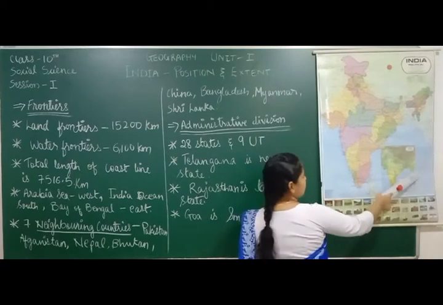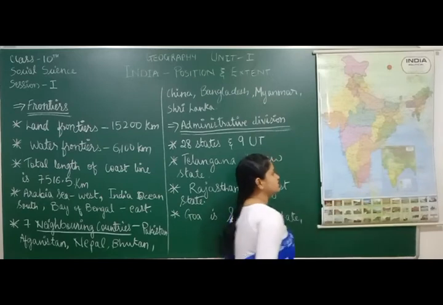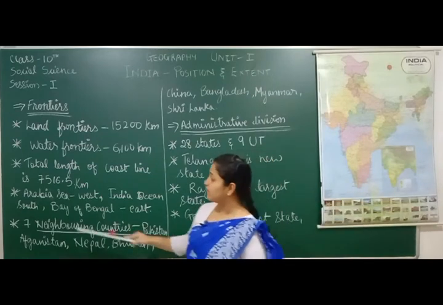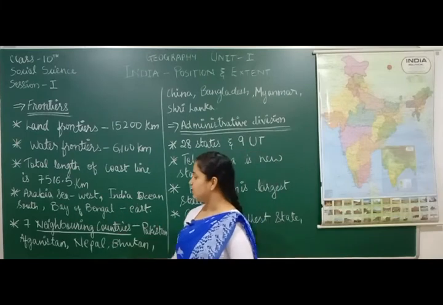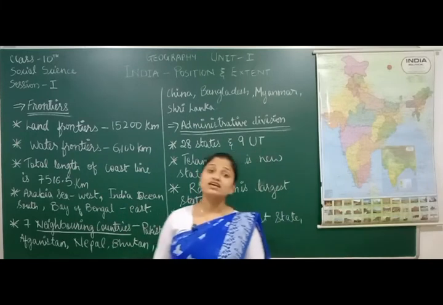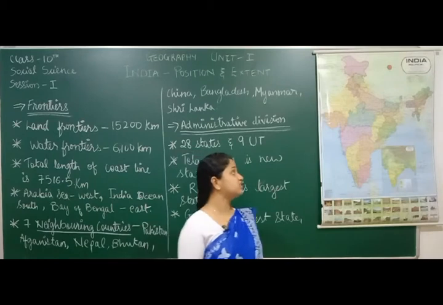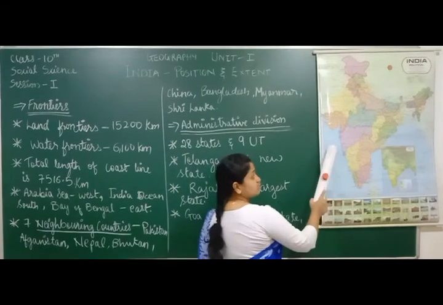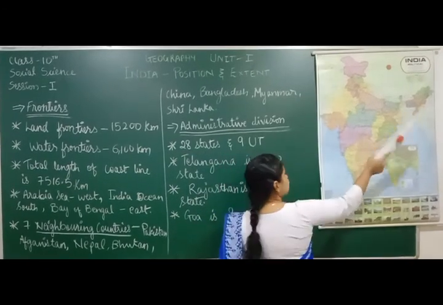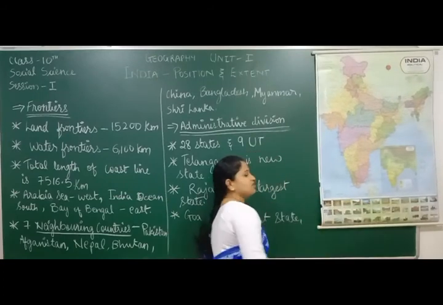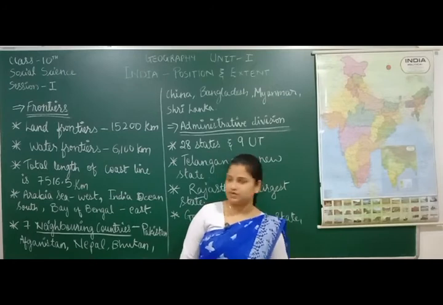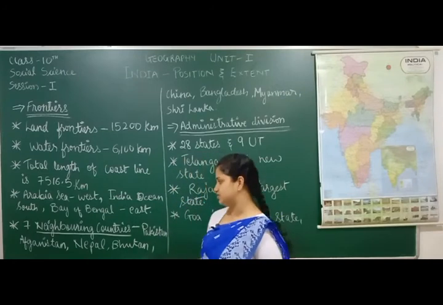Andaman Sea we also have in the southeast. So these are the different seas we have: the Arabian Sea in the west, the Bay of Bengal in the east, and the Indian Ocean in the south. These are the different seas that we have for our country.